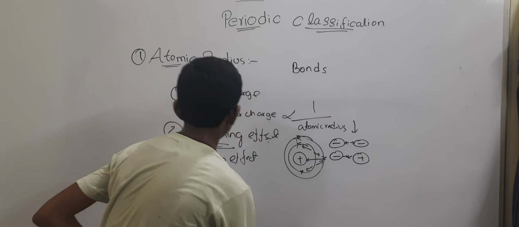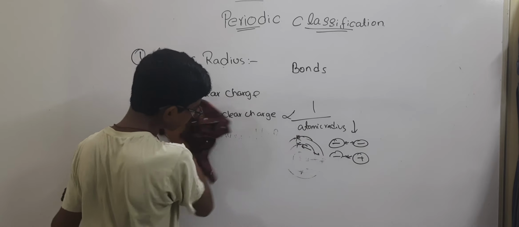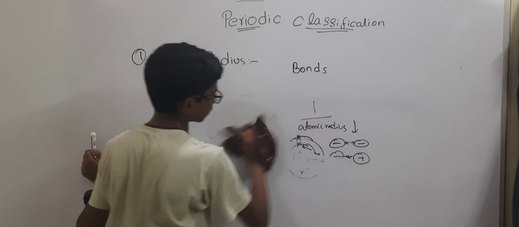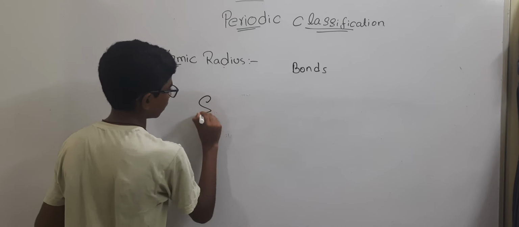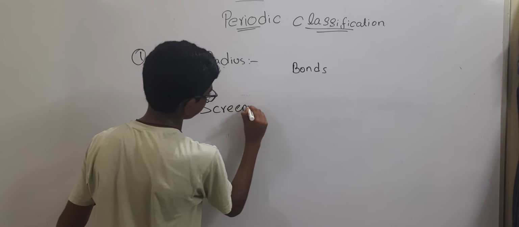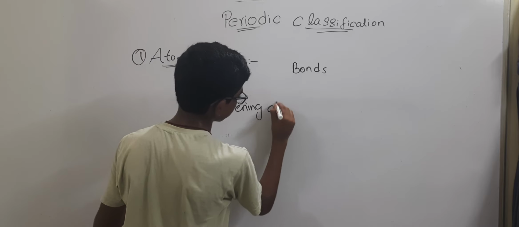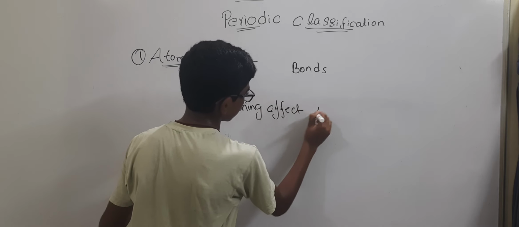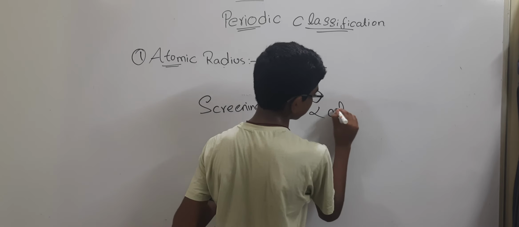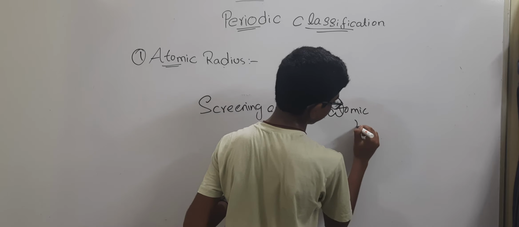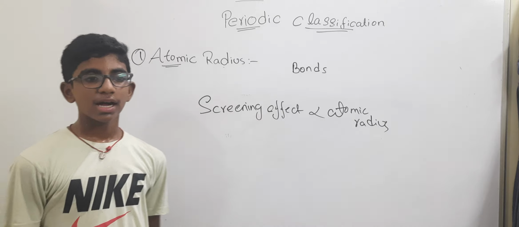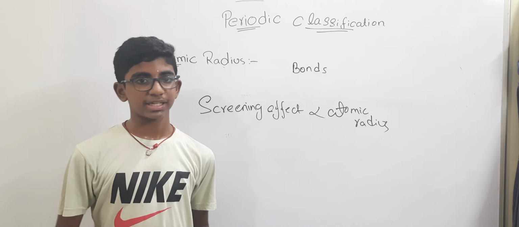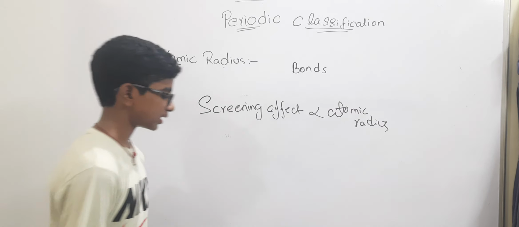I am writing the relation. Screening effect is directly proportional to atomic radius. If the screening effect increases, the attraction from the nucleus also decreases, so the atomic radius increases.